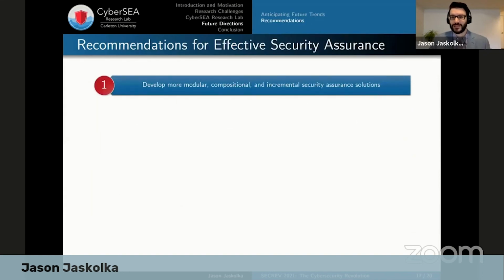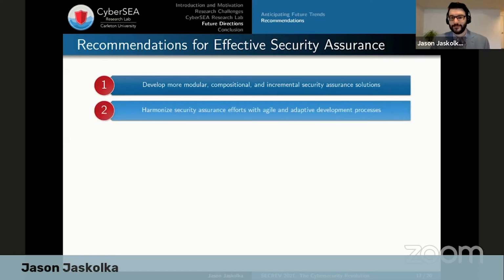So some recommendations for moving forward with effective security assurance is to look to develop more modular, compositional, and incremental security assurance solutions. This can help us to address the size, the complexity, and the compositionality problems with security evaluation and assurance as it stands today.